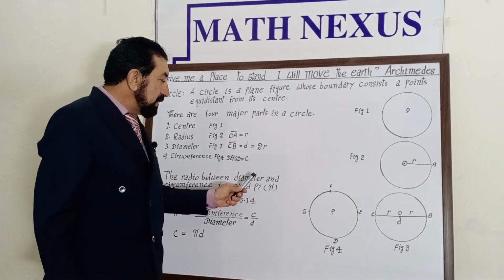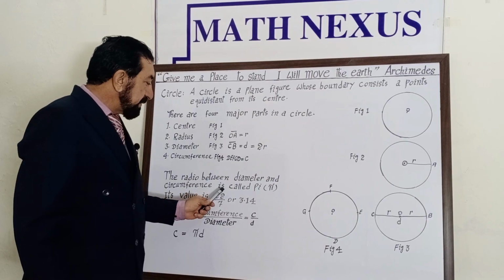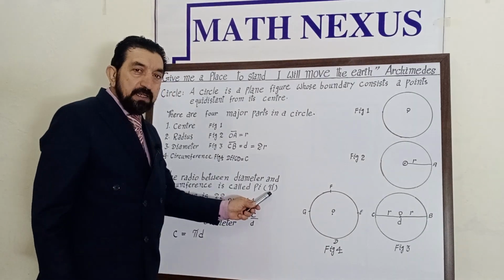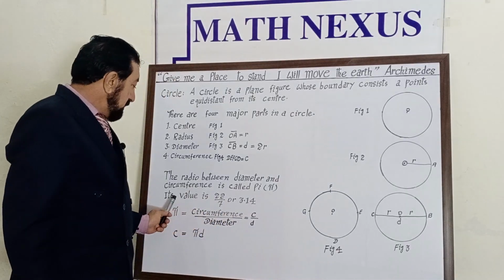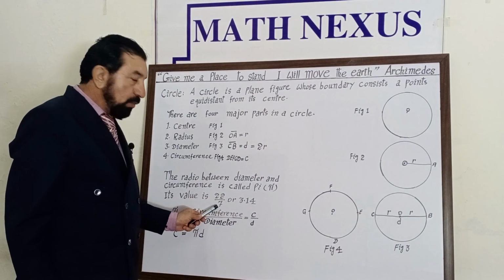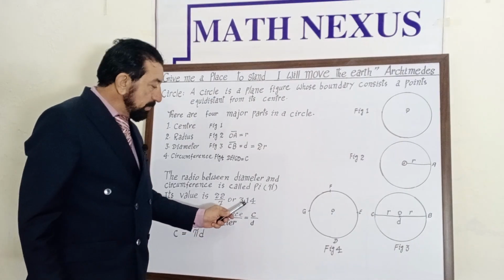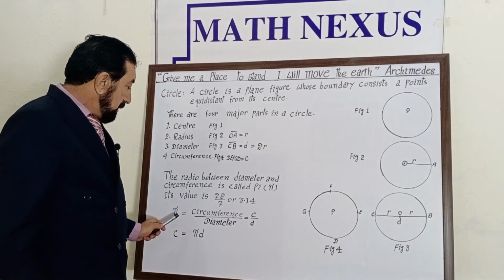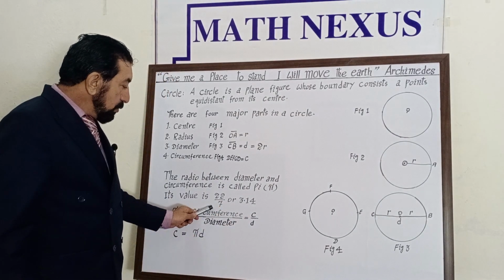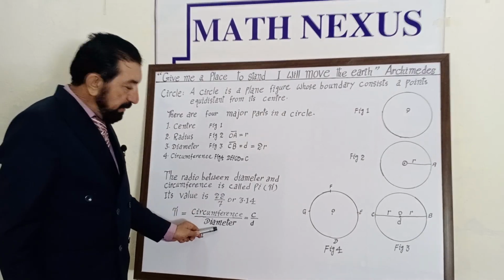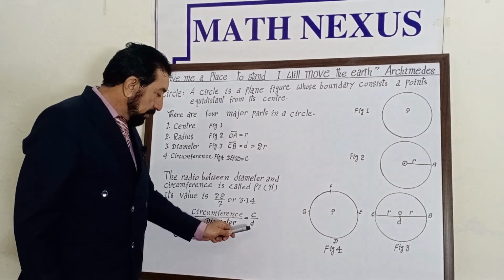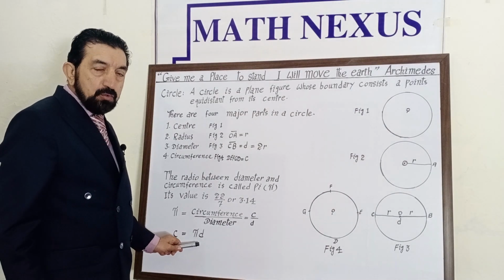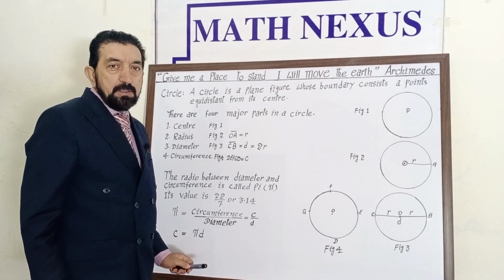The ratio between circumference and diameter is called pi. This is the sign of pi. Its value is 22 upon 7 or 3.14. Pi equals circumference upon diameter, C upon D, and circumference C equals pi D.